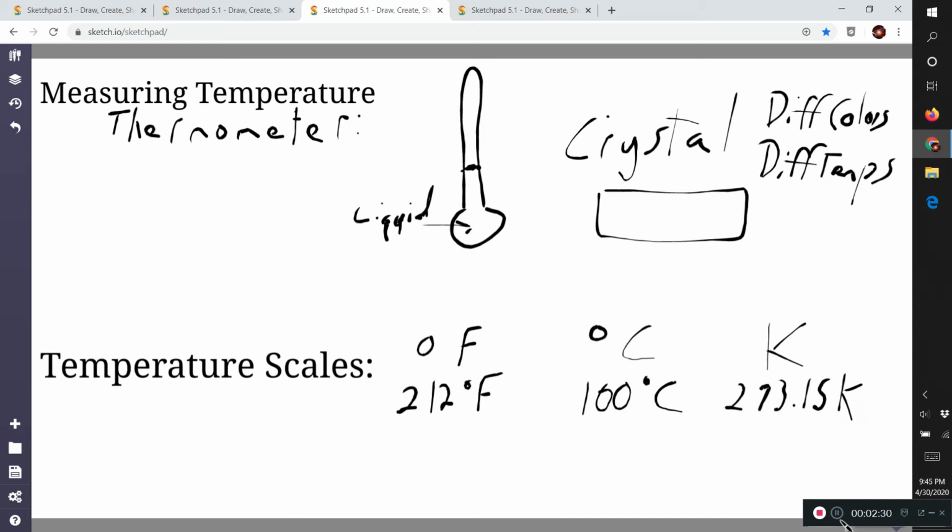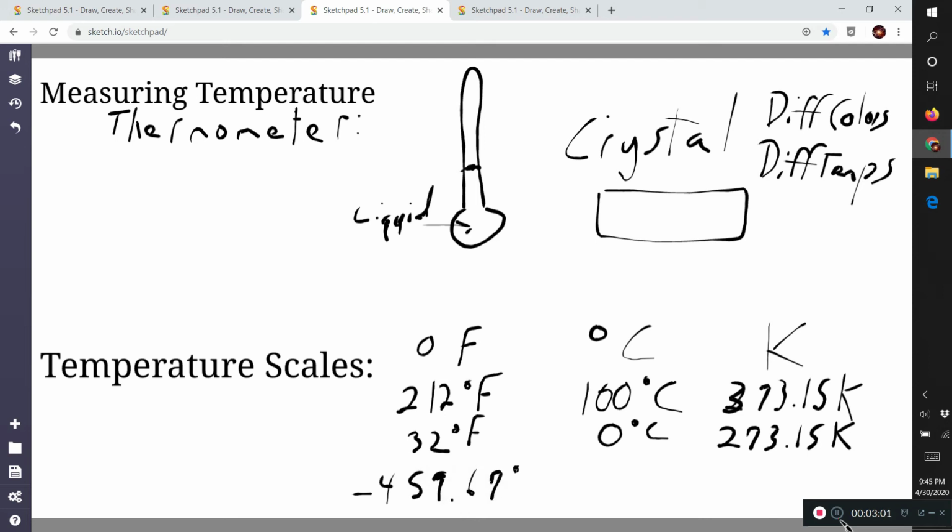The freezing point of water is, of course, 32 degrees Fahrenheit, 0 degrees Celsius, and 273.15 Kelvin. So you can see that Celsius to Kelvin is really just a matter of that 273.15 difference.